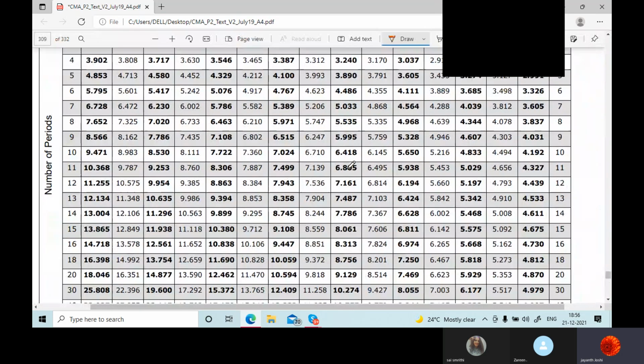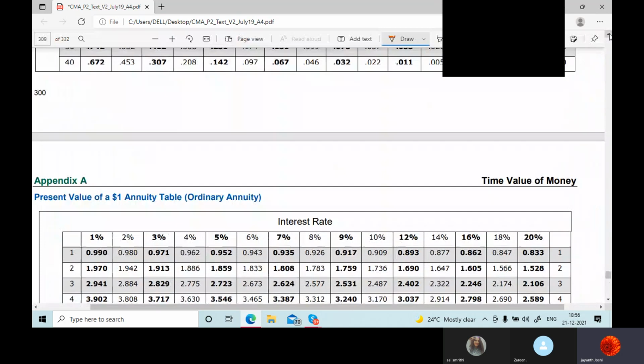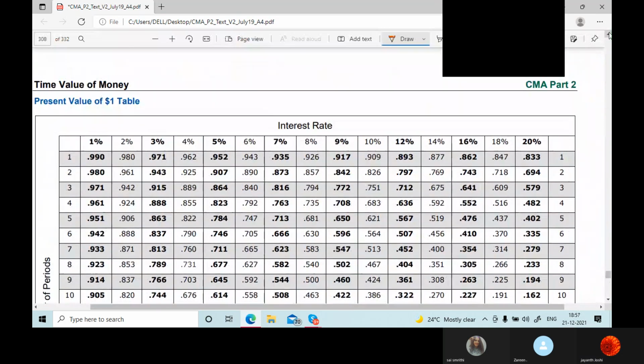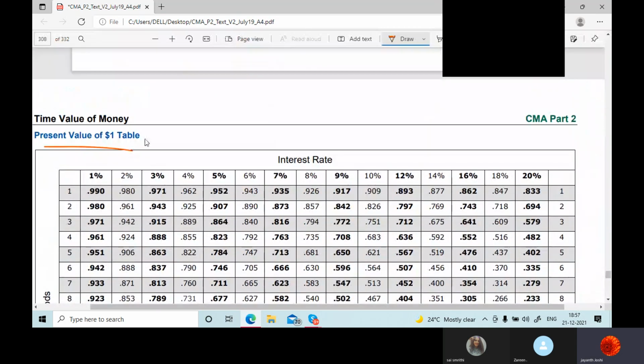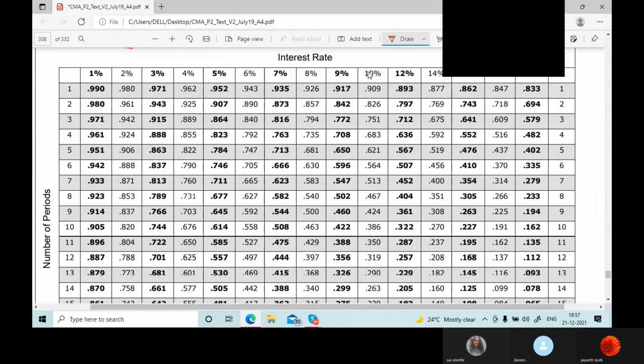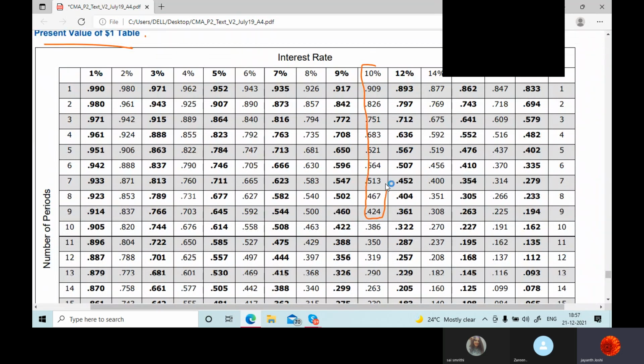So today you only focus on this table: present value of $1 at the rate of 10%. For how many years? I think for 9 years. So you can take this whole 9 years from here.